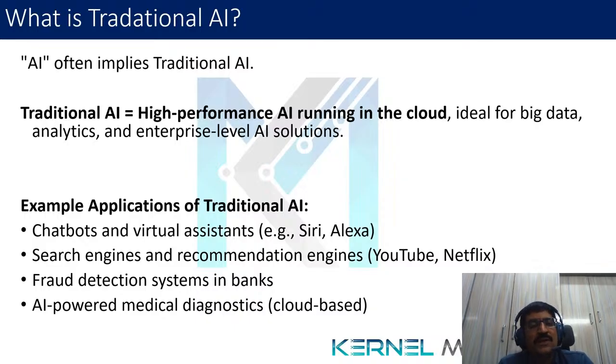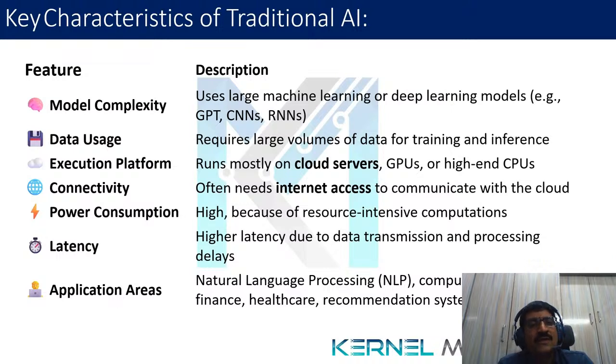So this is one part of AI. Traditionally, we can see the key characteristics of traditional AI. What things are important? Mainly connectivity, internet access, because whatever calculations we do, image processing, data analytics, are all built on the cloud server. The execution platform is important, and data usage is also important, since we need to maintain a large amount of data.